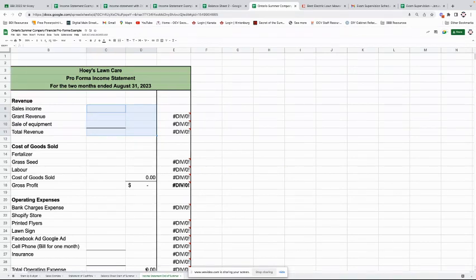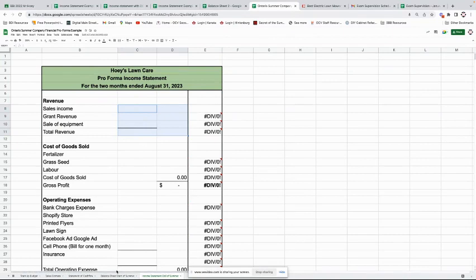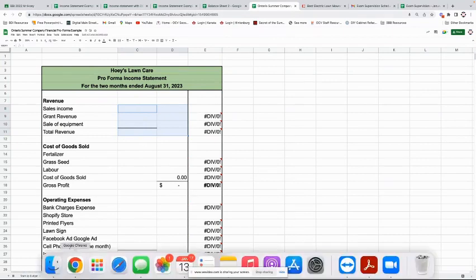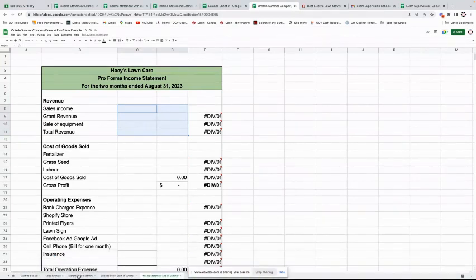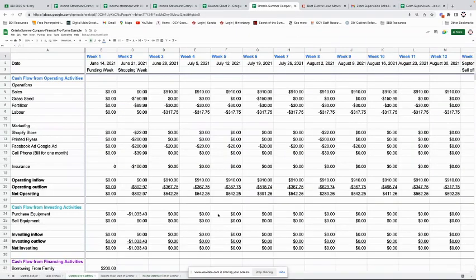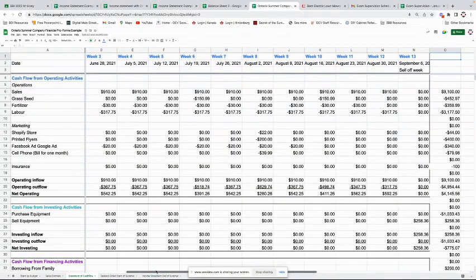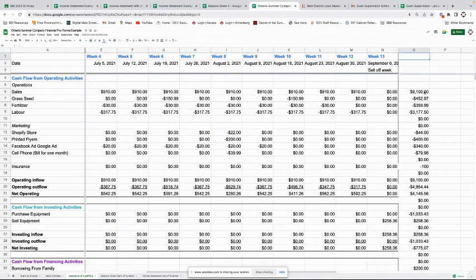So to help us with this, to help simplify things, I'm going to have you go back to our statement of cash flow, and we'll go over here to the end, and we're going to have you guys do a sum.